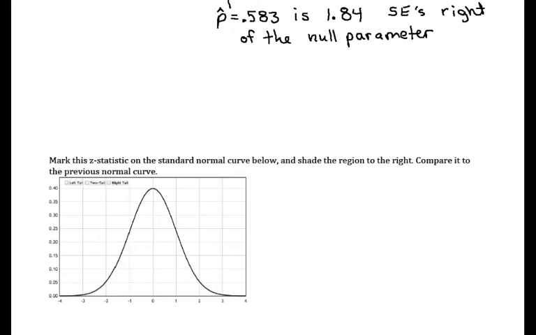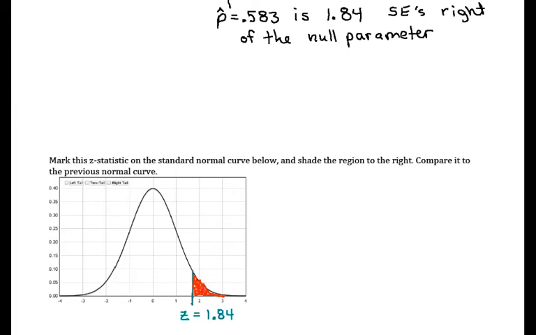I'm just going to mark that z-score of 1.84 on here. It would be between 1 and 2, definitely closer to 2, so that z-statistic I'll place right here and try to trace up to the curve and then fill in that tail area.